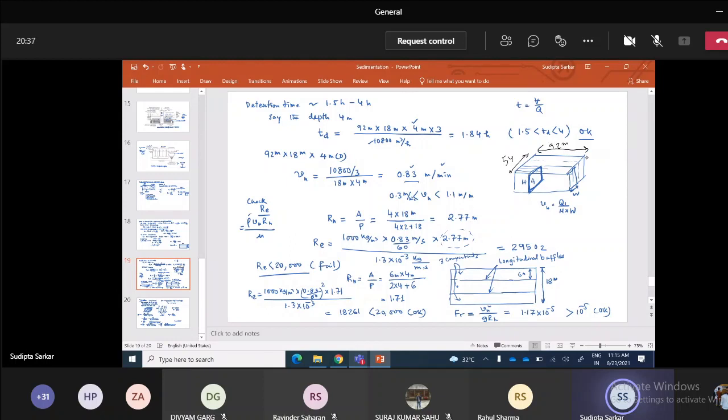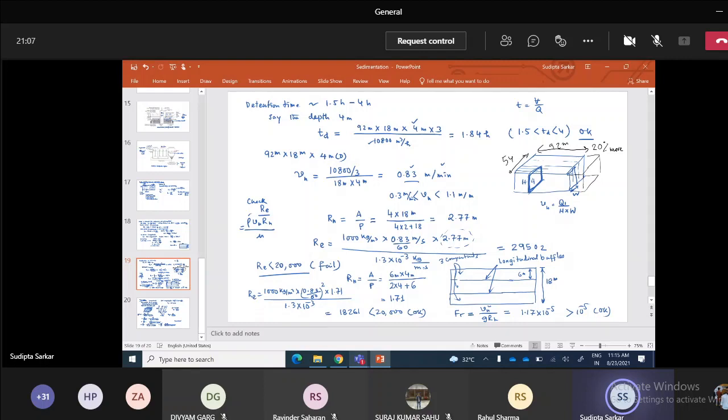There will be some more space because we need to keep a space for removal of treated water and all. So add 20% more here. So we are talking about a very large amount of area.